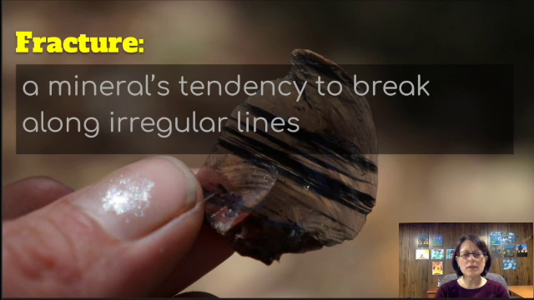So some minerals do not break along perfectly straight lines. They might be curved or some other irregular way that they break, and we call that fracture. Quartz, surprisingly enough, if you remember the slide previously, it has those nice angular crystals, but when it breaks, it has this conchoidal fracture where it breaks in a curved fashion, a lot like glass.